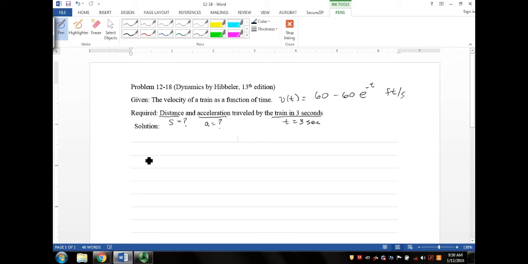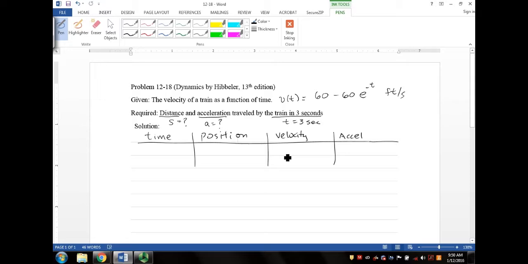The way you want to do this problem is always develop a table expressing the kinematic variables involved in the problem. So we'll usually have time, position, velocity, and acceleration.